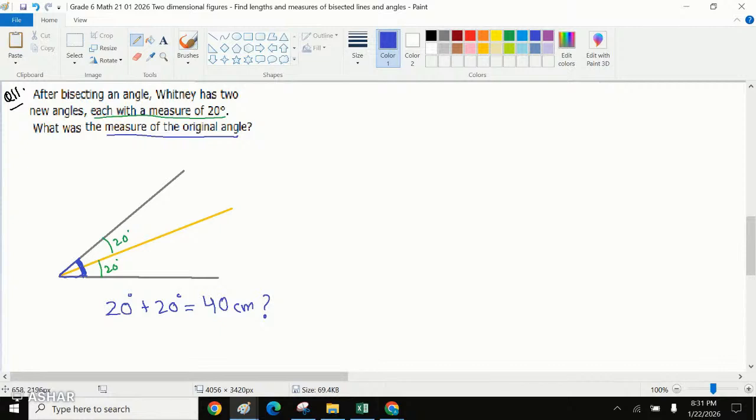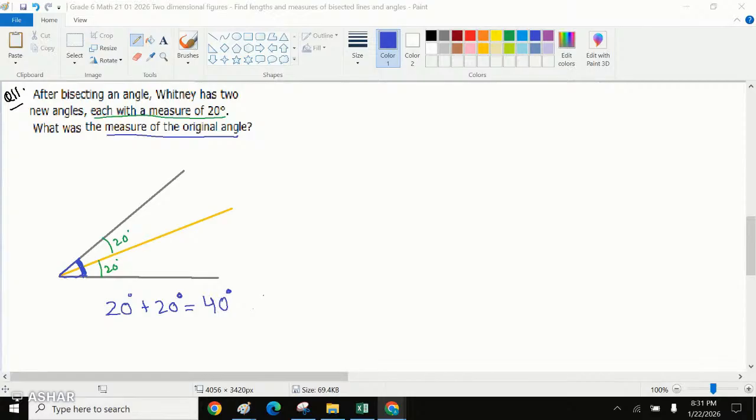Is my answer correct? Yes, thank you. Because when we are considering angles, we cannot take the measurements of lengths. We have to say it's an angle in degrees, right? So units are very important while solving the questions, okay?